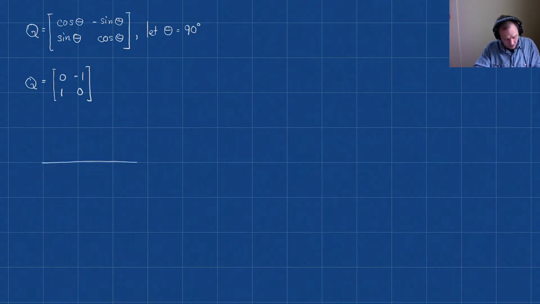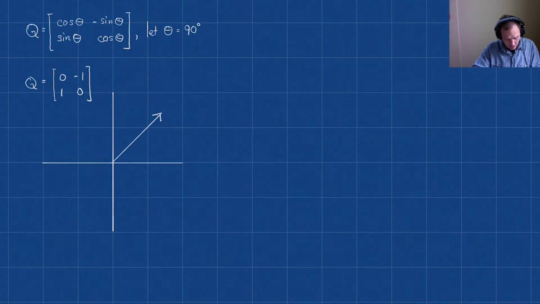Here, I'll make a quick sketch of a set of axes. If I have some vector, it doesn't matter what the length of that vector is, we'll call that the vector x. If I multiply that vector by Q, that vector is going to go to about there. That is the vector Qx.